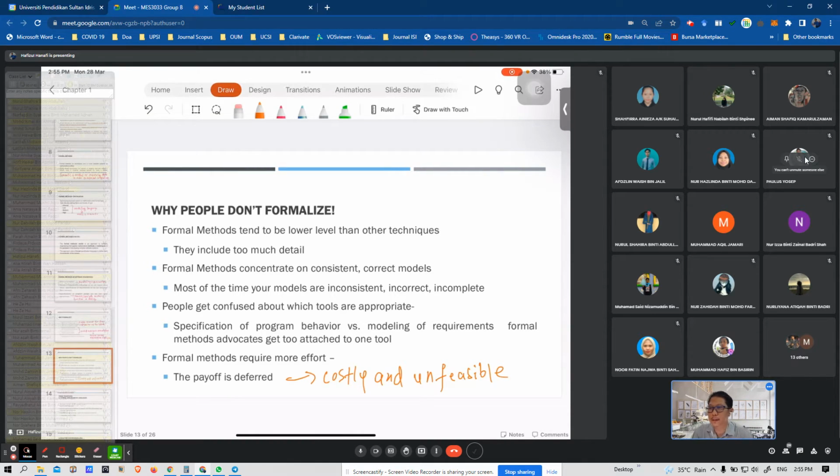Tak berbaloi sebab kita kena tengok balik satu-satu every model tu, we need to see every stage of the model.